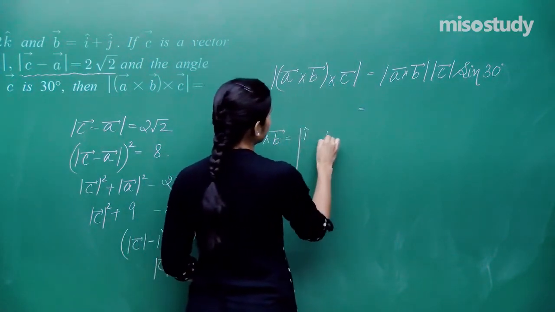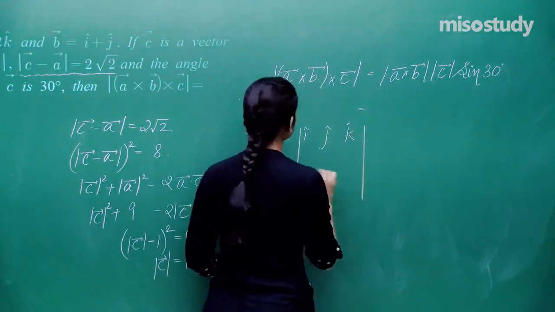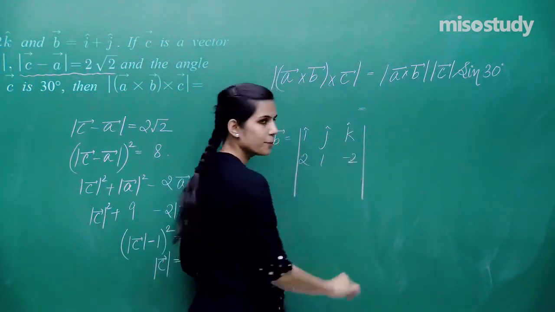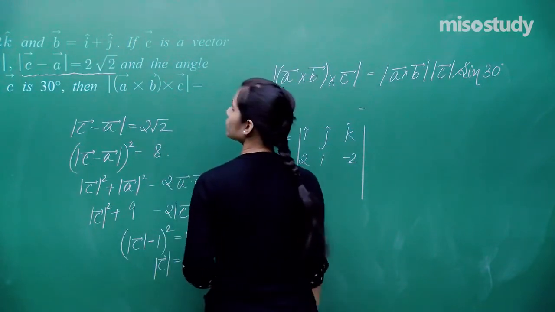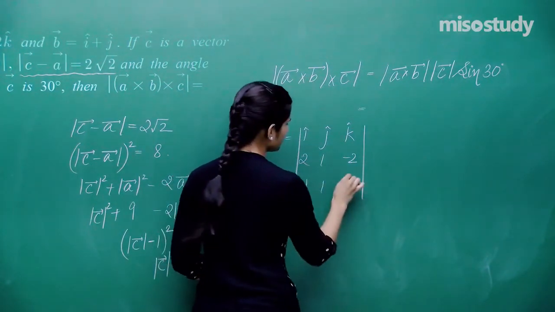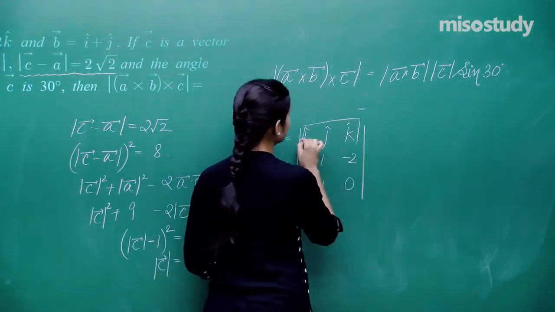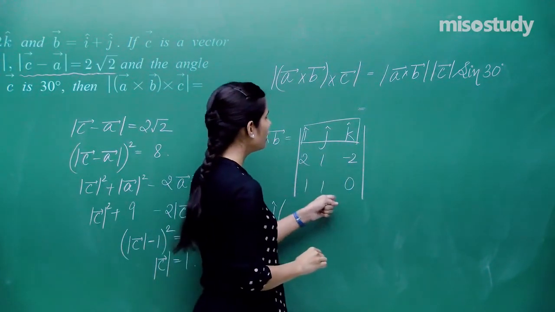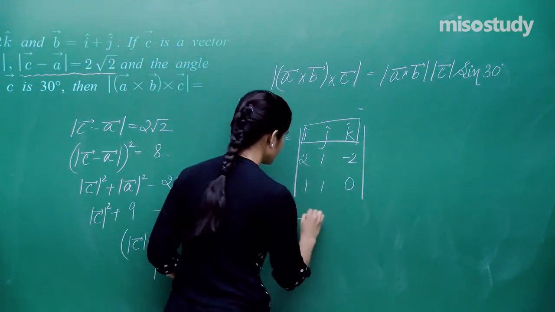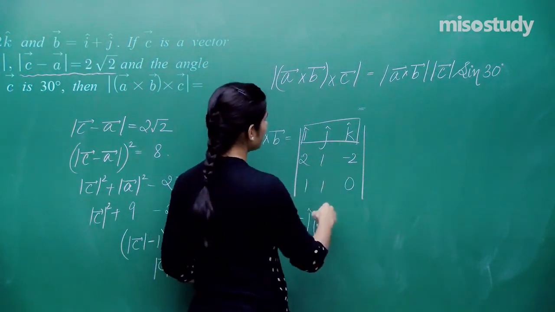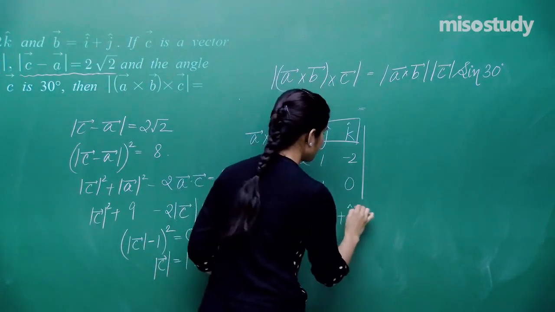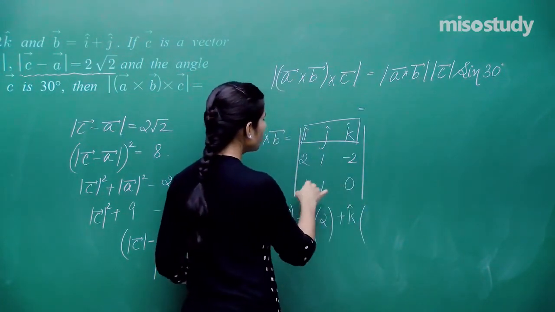A cross B is the determinant with rows i cap, j cap, k cap; 2, 1, minus 2, components of A vector; and 1, 1, 0, components of B vector. So this gives you i cap (0 plus 2) minus j cap (0 plus 2) plus k cap times (2 minus 1).